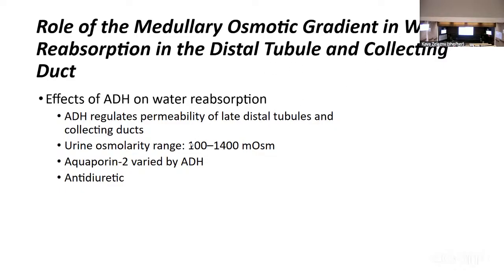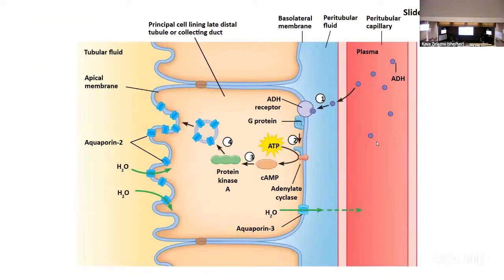Right. So 100 if we have completely impermeable distal tubules and collecting ducts. And at our maximum amounts of ADH, we're concentrating all the way up to 1400. Right. And the way we're doing this is by varying that presence and absence of aquaporin 2. Okay, so we're going to walk through this chart.